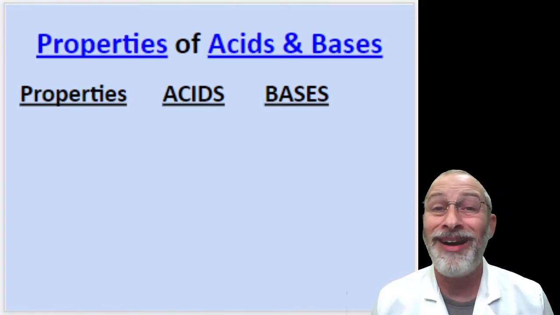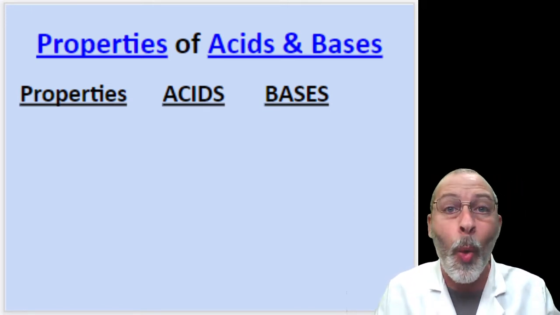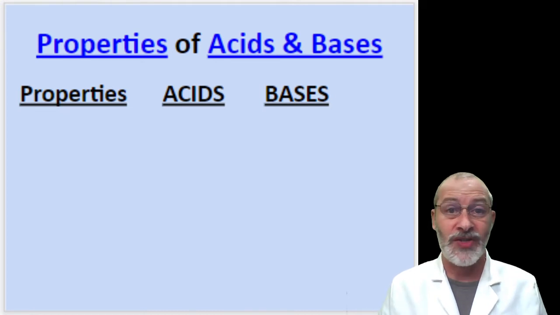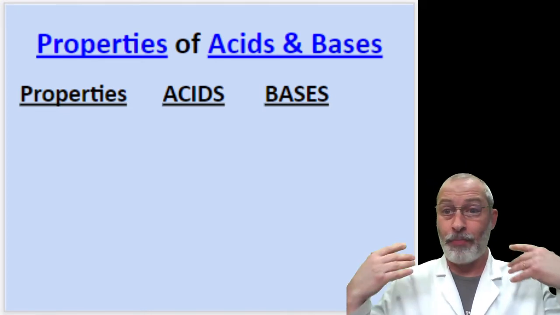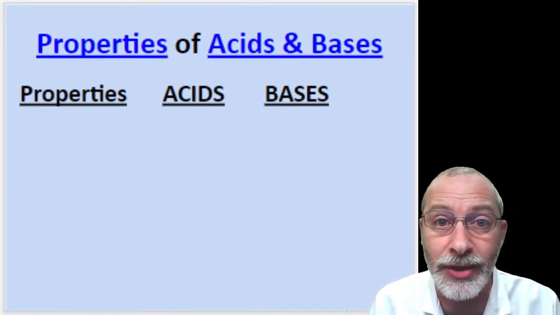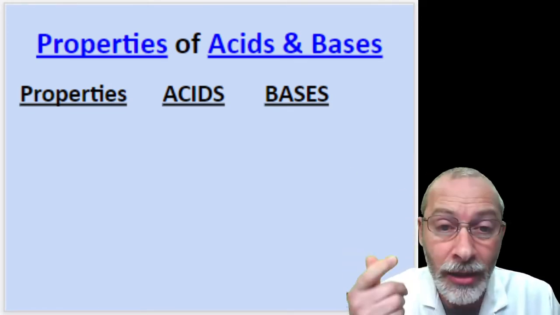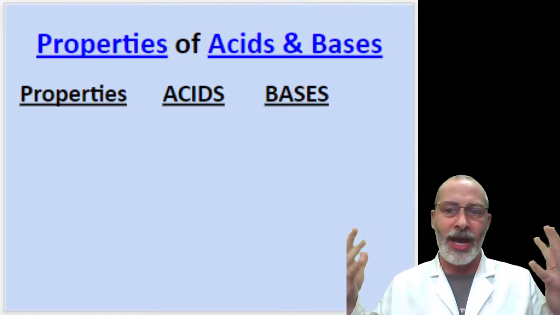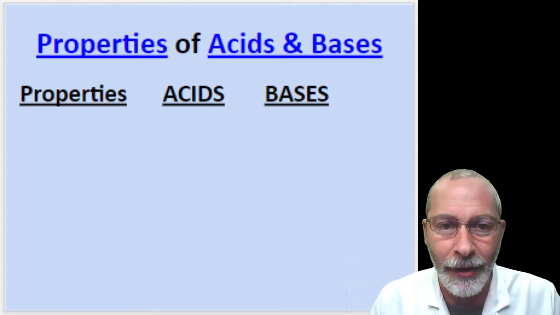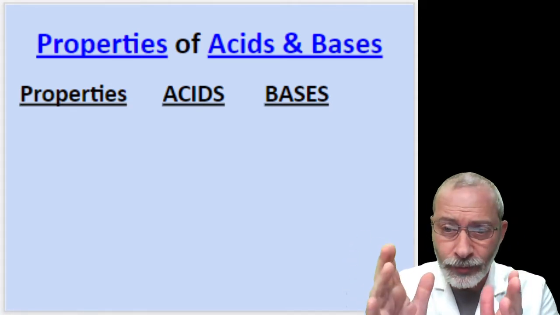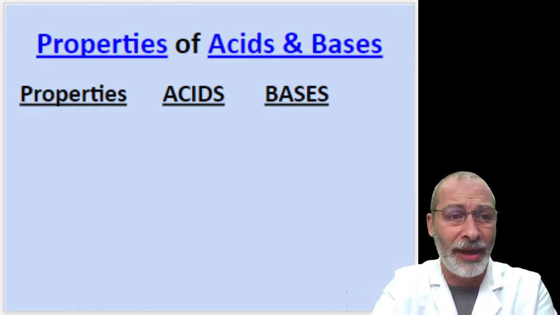We're talking about characteristics or qualities of certain substances. You know, my properties or characteristics might be the color of my hair, platinum blonde, color of my eyes, my height, my age, etc., etc. But right now, we're talking about acids and bases.